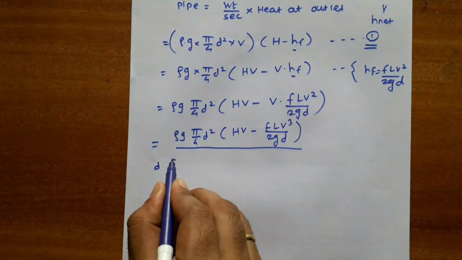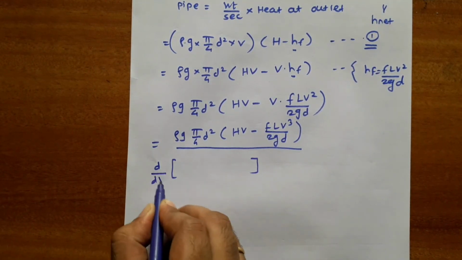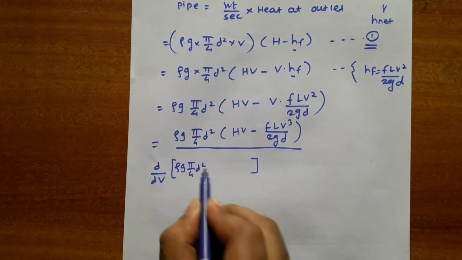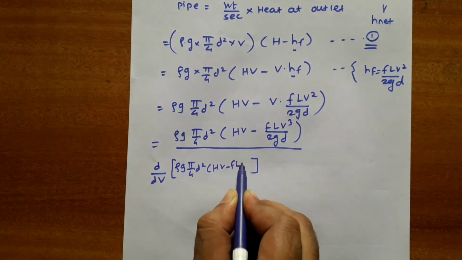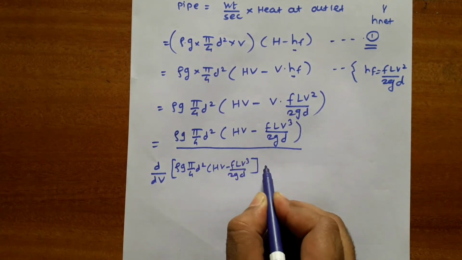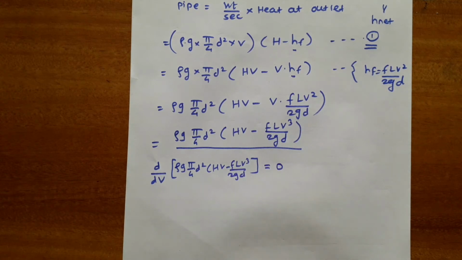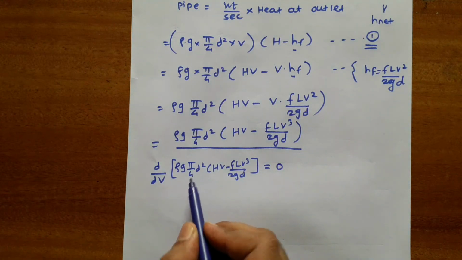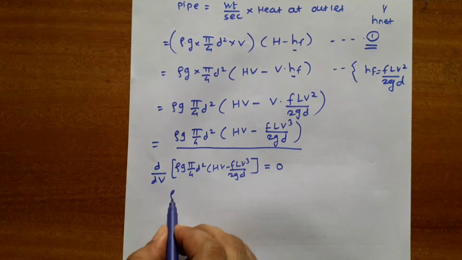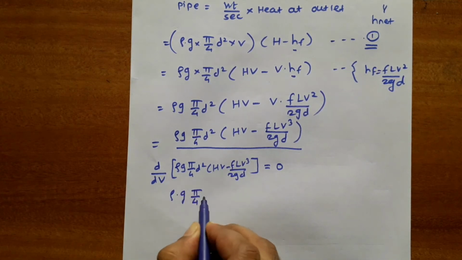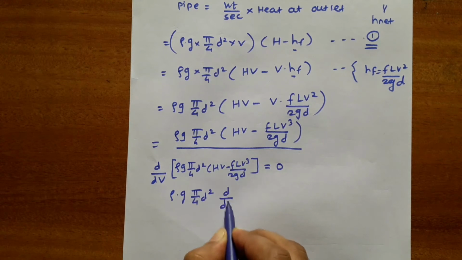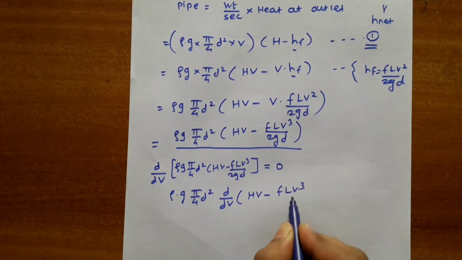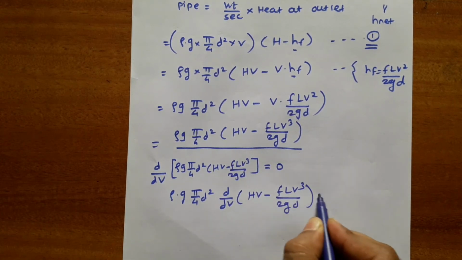So it is rho G pi by 4 D square into HV minus FLV cube by 2GD, and equate this to 0. Now rho G pi by 4 D square is a constant, so take it common. We get rho G pi by 4 D square into d by dV of the bracket HV minus FLV cube by 2GD, equal to 0.